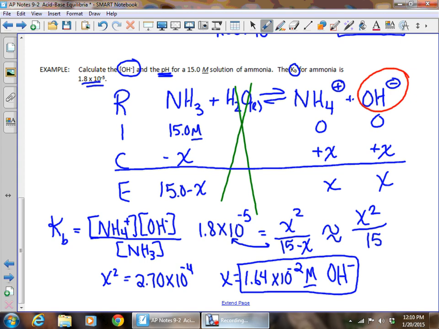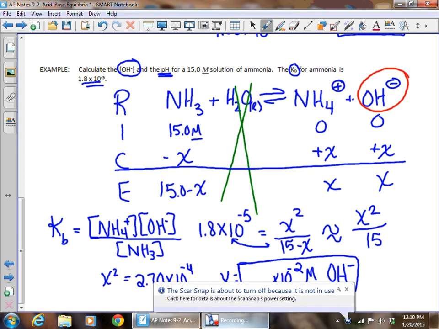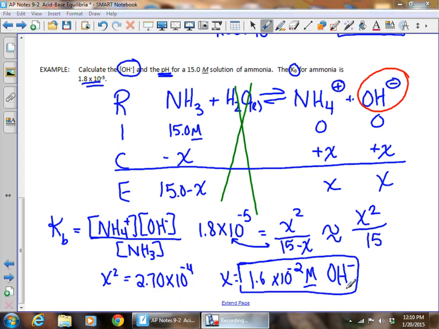And I could see an argument for it being 1.6 because of the 1.8 sig fig, so let's go with 1.6 times 10 to the negative second molar, OH minus.